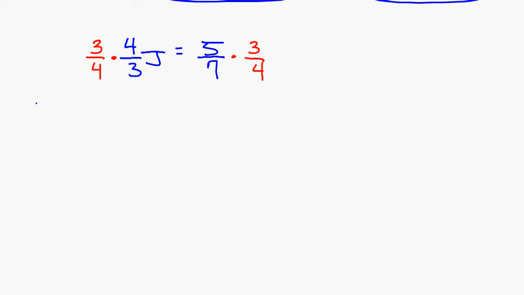And any time that you multiply a fraction by its reciprocal, the product is 1. So on the left-hand side, this all cancels out, and you're just left with a j. And then when you multiply fractions, you multiply straight across. So 5 times 3 is 15, and 7 times 4 is 28.